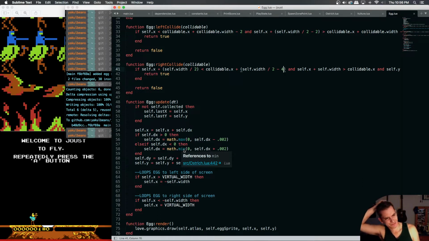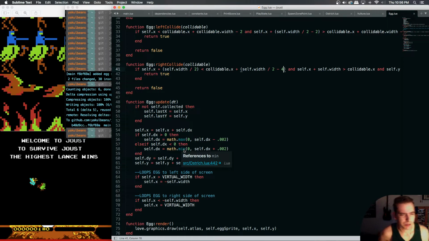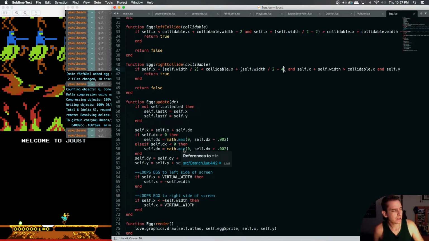So I guess if we do swap the dx on a left collision and it's in that pixel perfect crapshoot in between, it would swap its dx, and then it would detect another collision, would it not? It's hard to say.